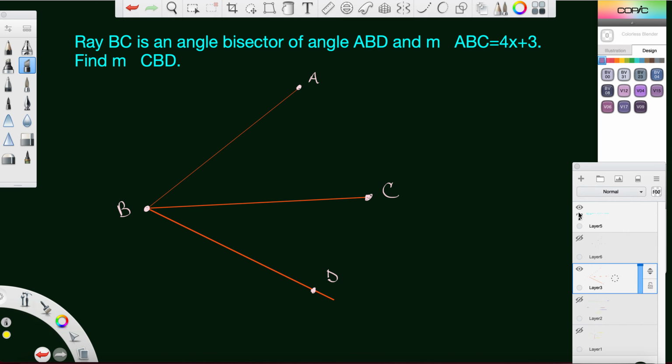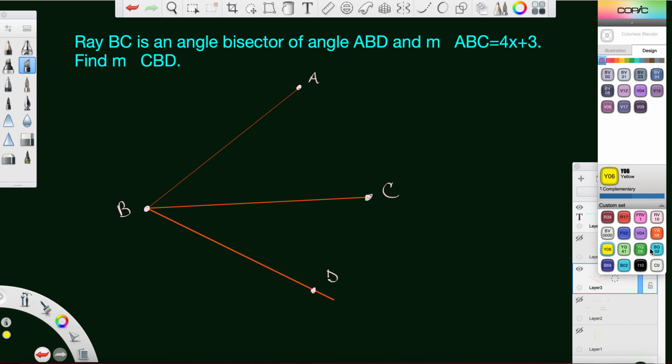And what I wasn't able to do, which I'm going to put in now, is Ray BC, they have it listed as Ray BC, is an angle bisector of angle ABD, right? And they don't have the word angle there. They have that symbol.